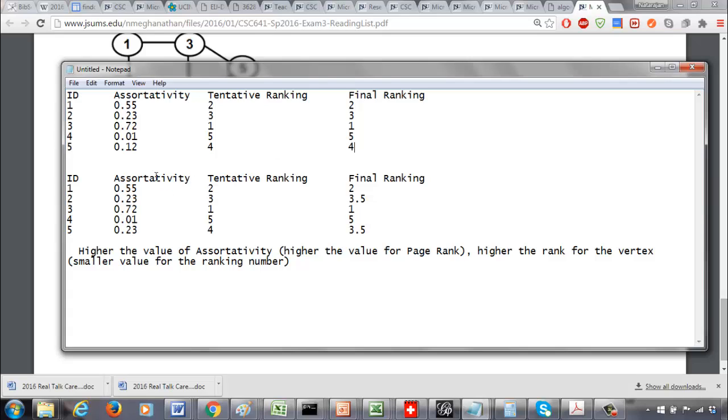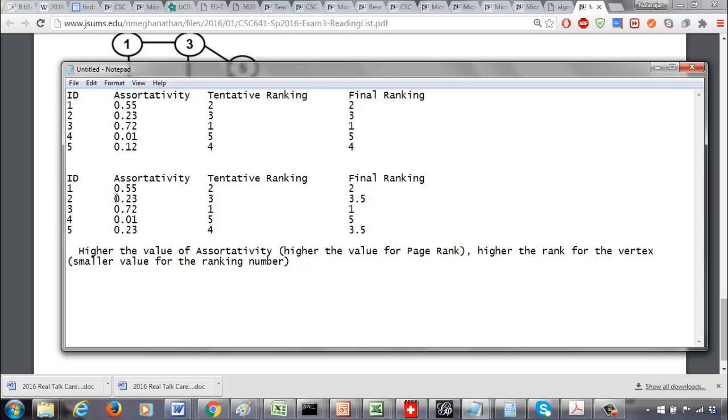Okay. Now when you have ties among the metric values, so for example here vertex 2 and vertex 5 both have 0.23 as the assortativity values. So then you would have to break the tie. Okay, so again 0.72 is the largest, so that is the tentative ranking 1, and then 0.55, that's tentative ranking 2.